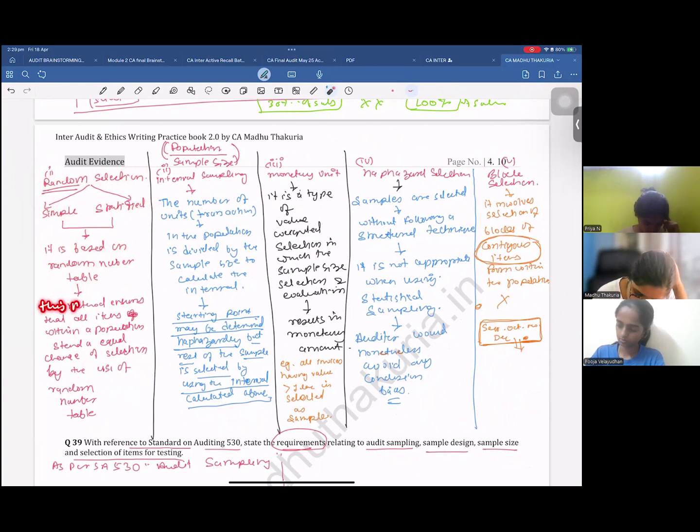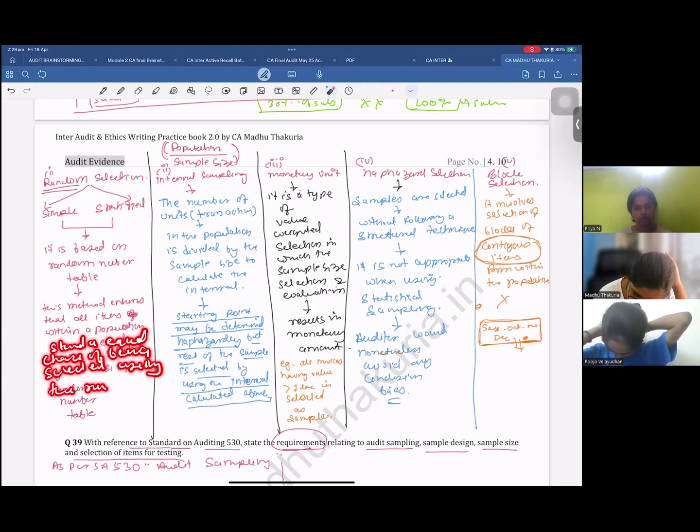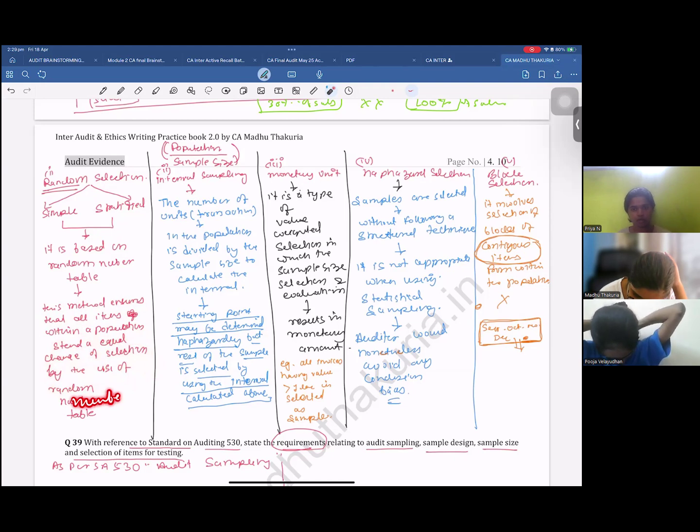This method ensures that all items within a population stand an equal chance of being selected using the random number table.